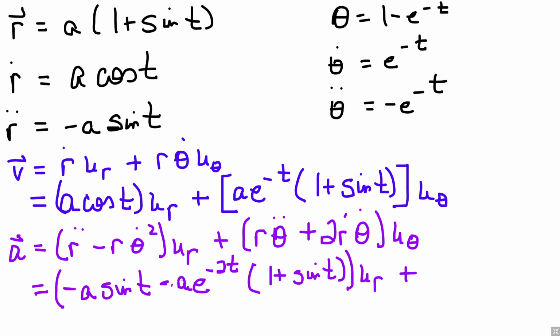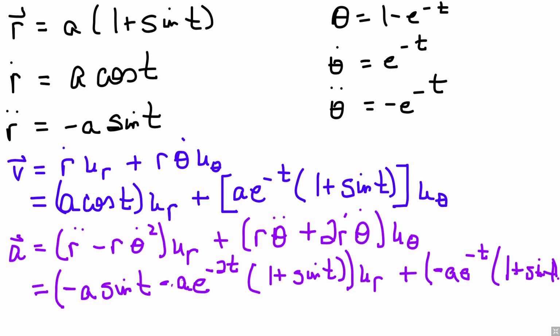Plus, we've got r times theta double dot. If we do that, that's going to give us negative a e to the negative t times 1 plus sine of t.